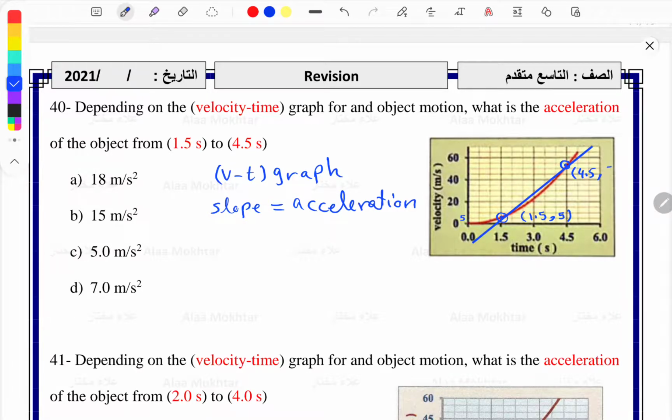I think 55. Acceleration equals y2 minus y1, 55 minus 5, divided by 4.5 minus 1.5. The answer will be 15 meter per second squared. Inshallah it will be correct.